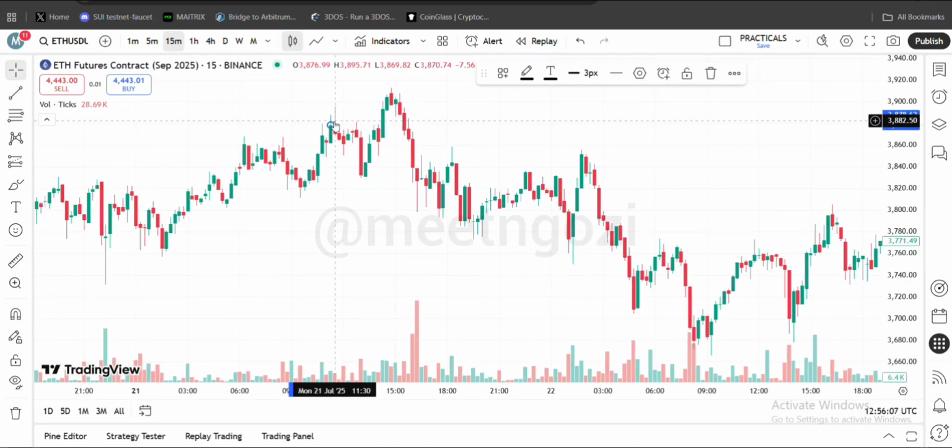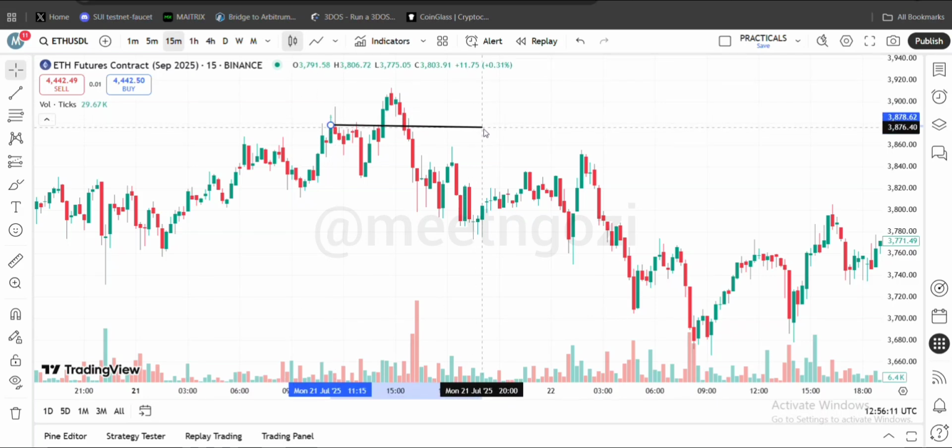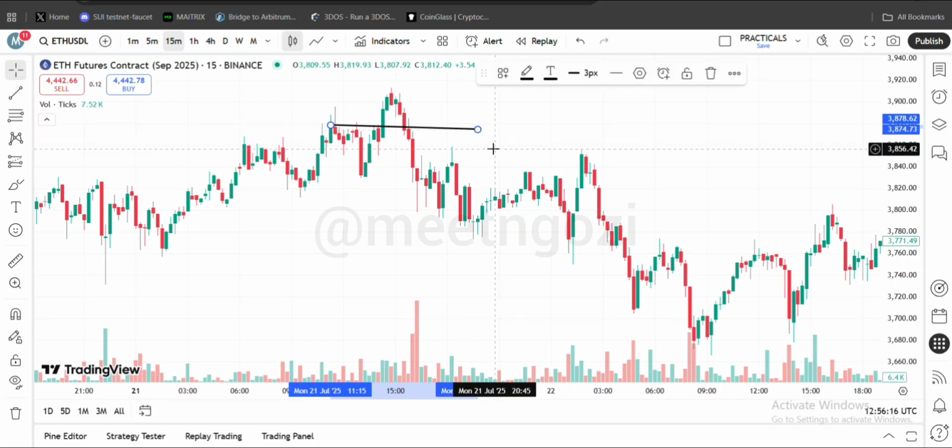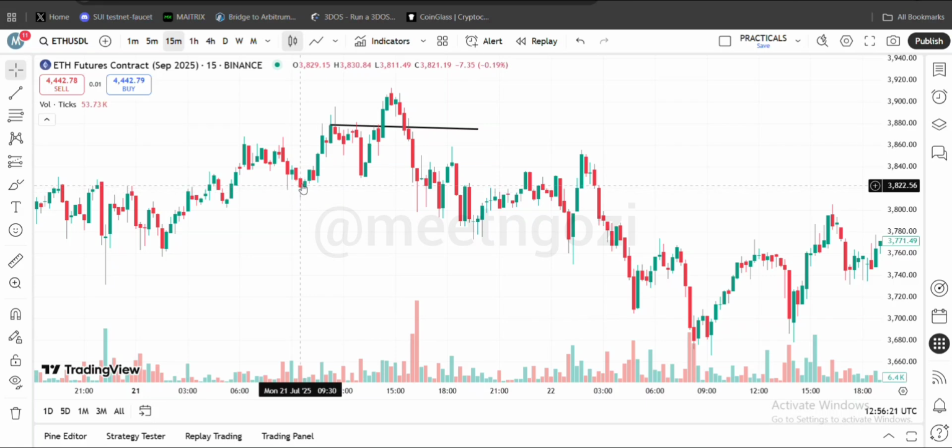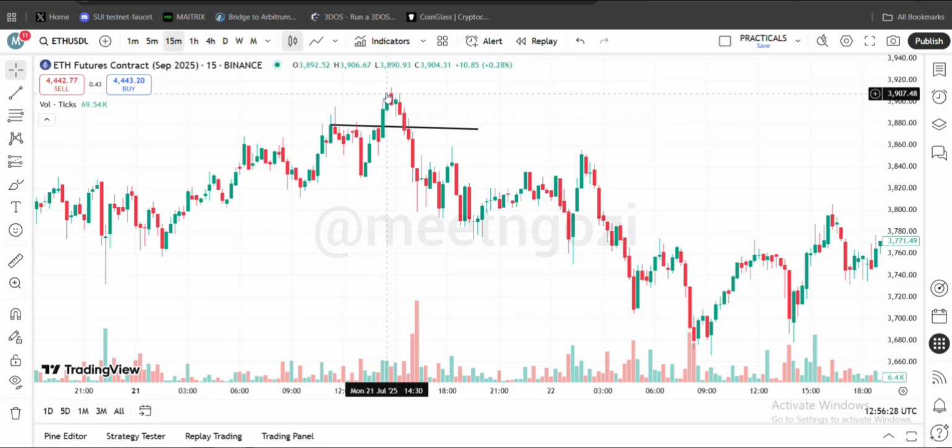So we saw a break of structure here. We have a higher low here, went up, made a higher high, came back to make another higher low, made another higher high here, and came down. Ordinarily, this market should come here and retest this break of structure and continue its up movement.